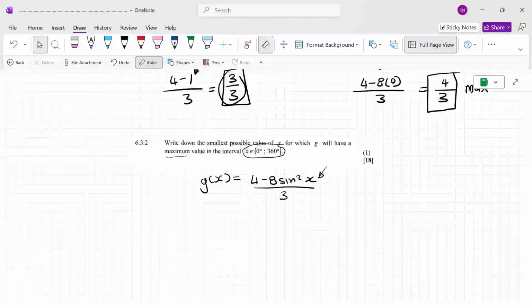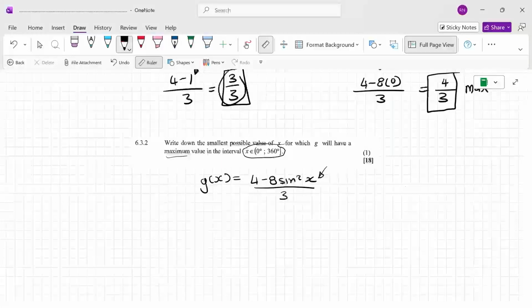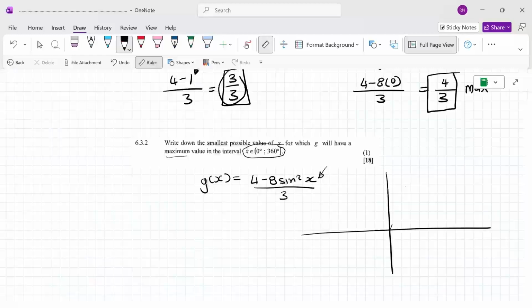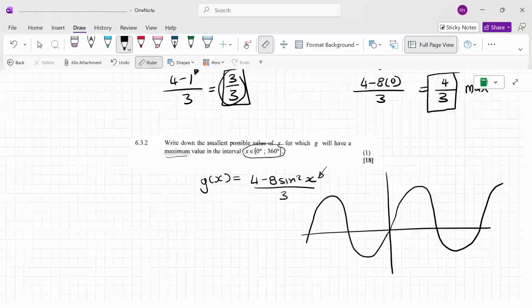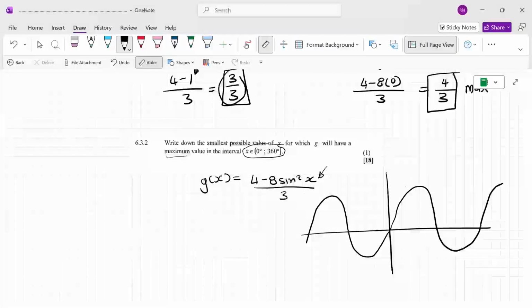Okay, so we said that our maximum value will happen when sine of x is 0, right? And if we look at our sine graph, we want to know where sine of x equals 0. So what is the smallest value of x that will make g our maximum, which is where sine of x is 0?